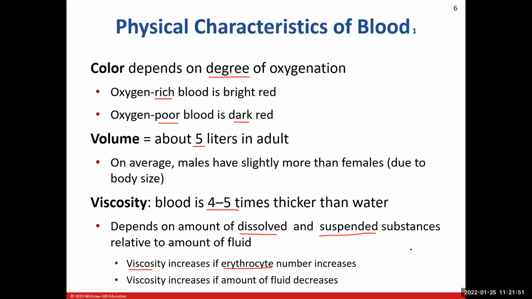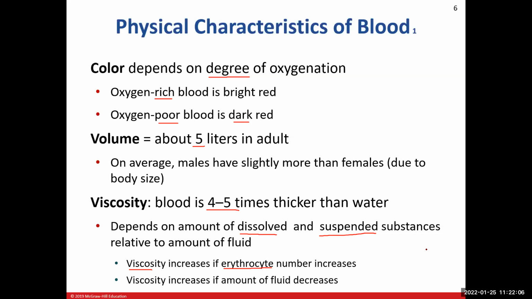So your body responds by making more red blood cells. But when it makes more red blood cells, it pumps them out, and it takes some time. It's not instantaneous, okay? But over time, your blood will become thicker. And so the viscosity increases, all right?